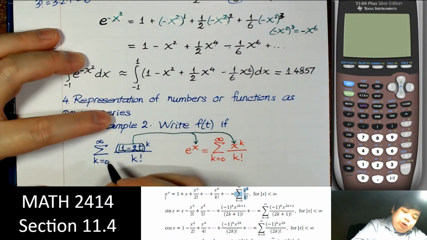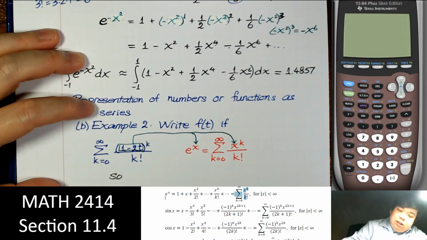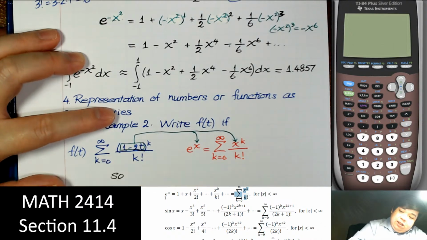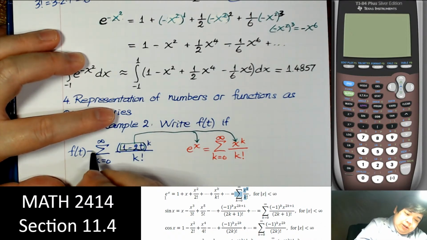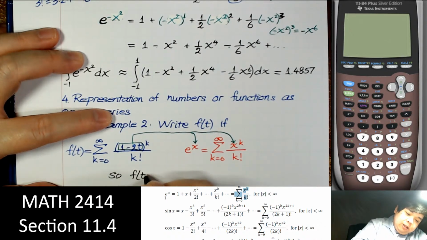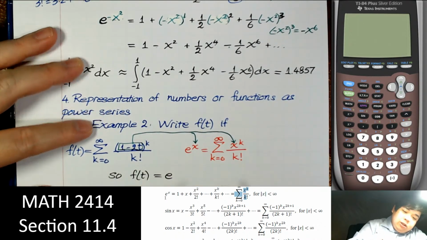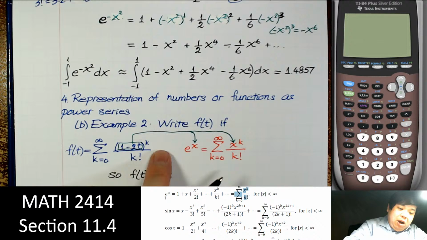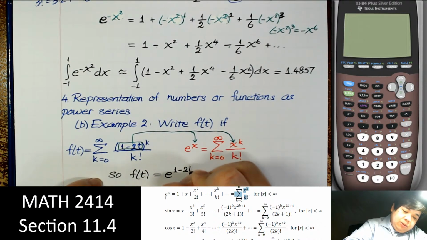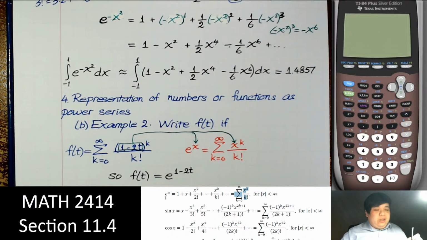Bottom line is when we do that, if this is a function f of t, so f of t equals e to the, we put 1 minus 2t into x. That's what we have.